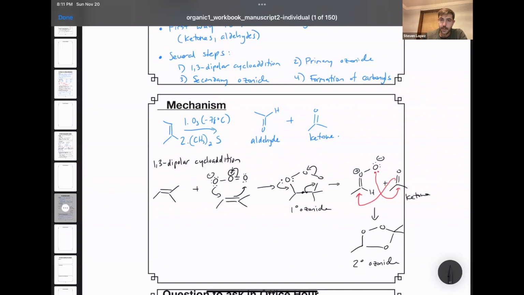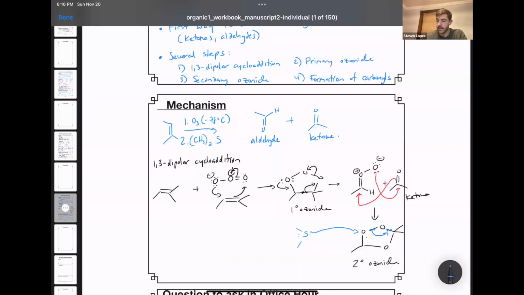And in the last step, dimethyl sulfide will attack one of the oxygens here, okay, and make a bond with that oxygen. Subsequently, the electrons in this oxygen-oxygen bond will be used to form the carbon-oxygen double bond.